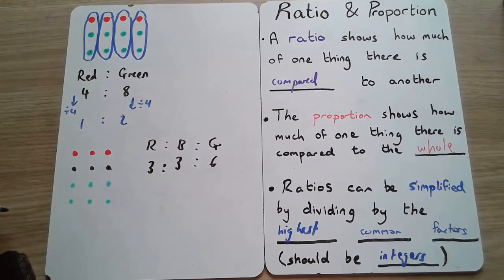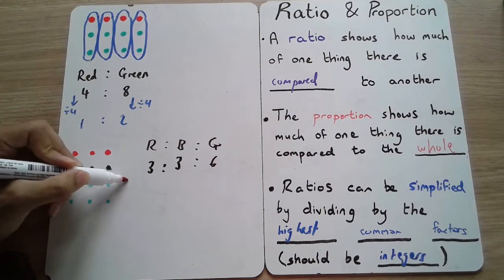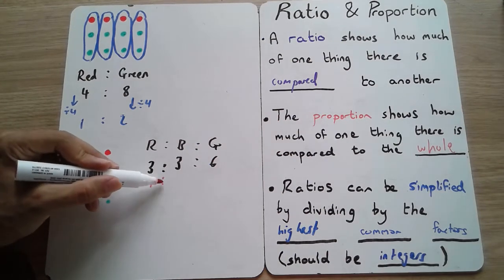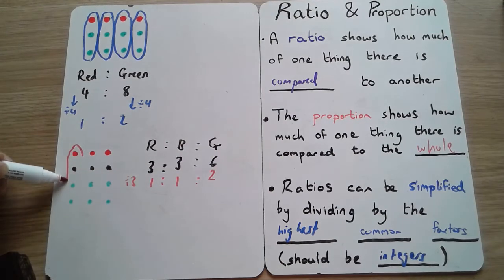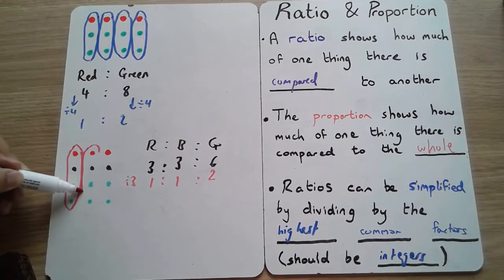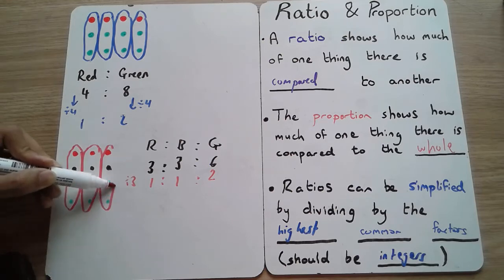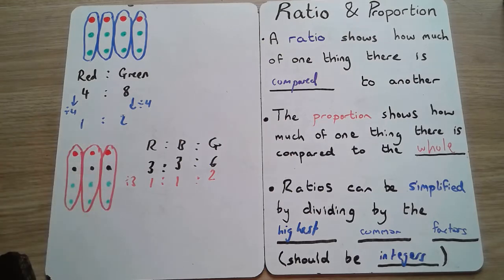And we can divide all of these by 3, and we can see 1 to 1 to 2. 1 red, 1 black. Sorry, 2 greens.